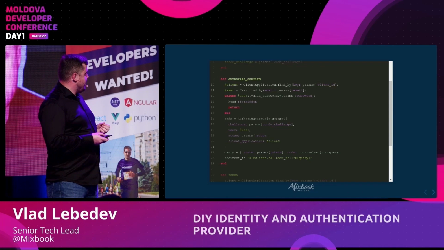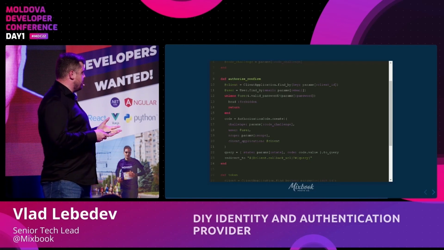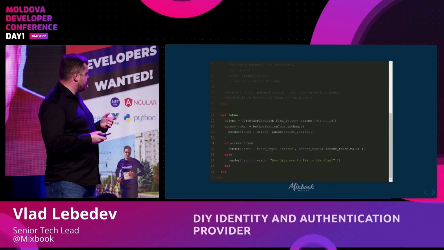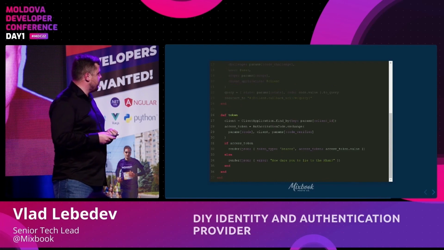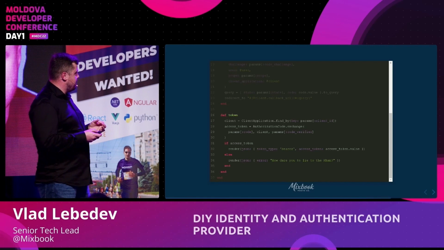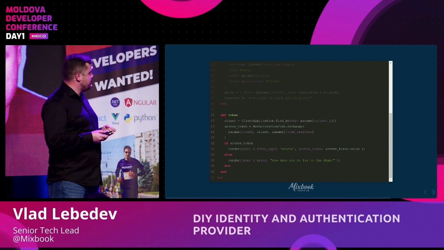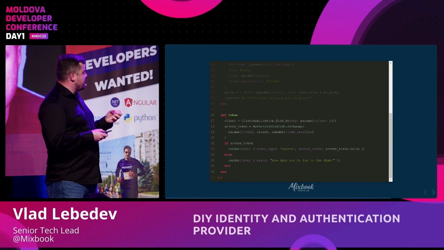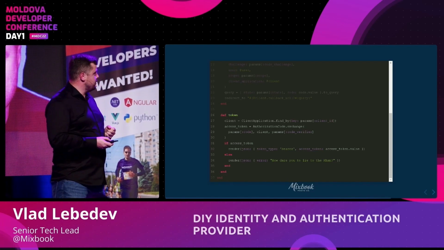We create an authorization code, attach a user to it, remember the scope, remember the client application, and we simply redirect back to the callback that we know from the client application. Now, the second step happens this way. Again, we find the client application from the params, and we generate an access token by exchanging the authorization code.